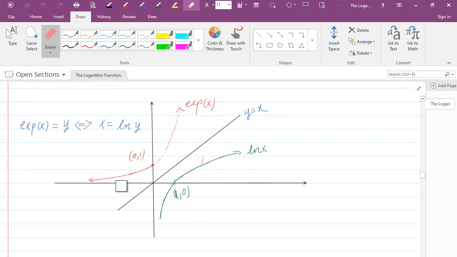The red curve is the graph of the exponential function, and because the exponential function is the inverse of the natural log, its graph is the mirror image or reflection of the graph of the log function across the line y equals x.